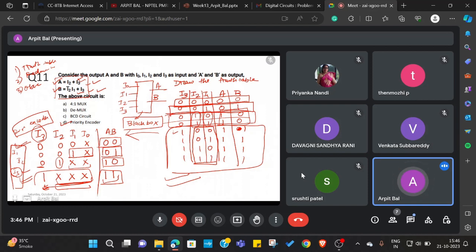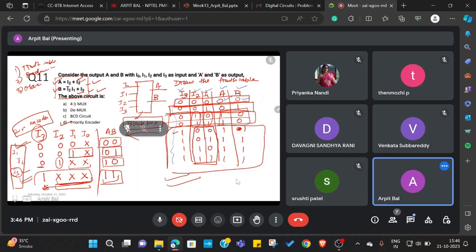The next question is related to two functions given, A and B, and we have to figure out what this function implements. Whenever a question like this is given, the first thing we do is draw the truth table. You represent all the inputs and the corresponding outputs, then you start giving 000, 001, 010, each input, and you observe what A and B are.